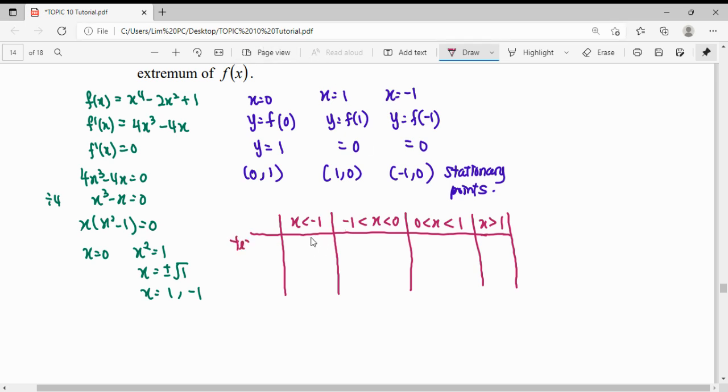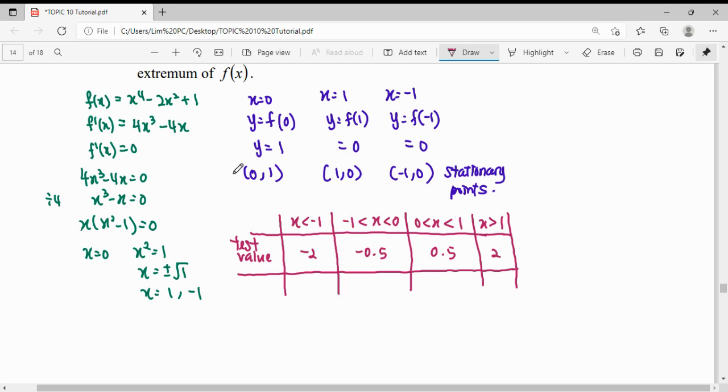The test values can be chosen randomly, as long as they are in the interval. Less than negative 1, we choose negative 2. Here we choose negative 0.5. Here we choose positive 0.5. Here we choose 2.